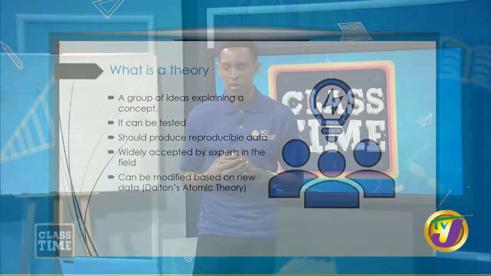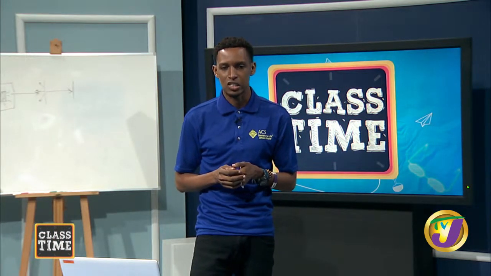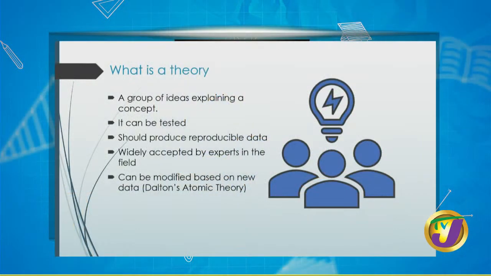Now, what is a theory? A theory is essentially a group of ideas explaining a certain concept. It can be tested, meaning that I can set up an experiment that can assess the viability of this theory.